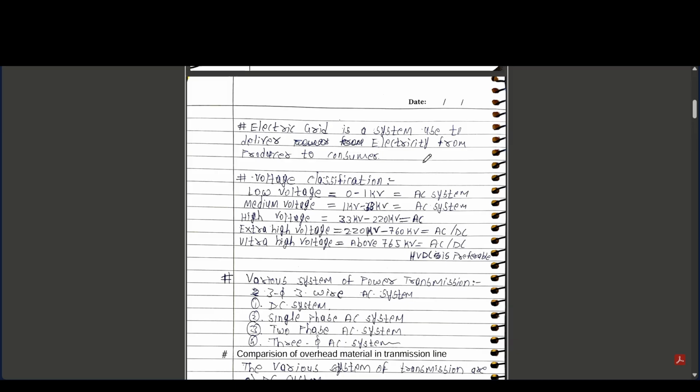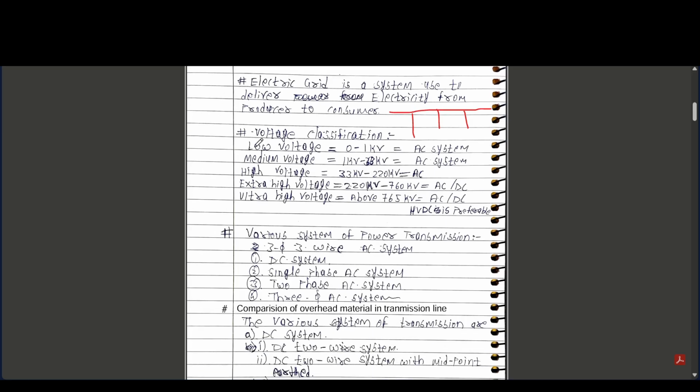Typically a grid is a line in which power is supplied, and from that we can take power to our system. In India there is Power Grid India which provides a grid system all over India.